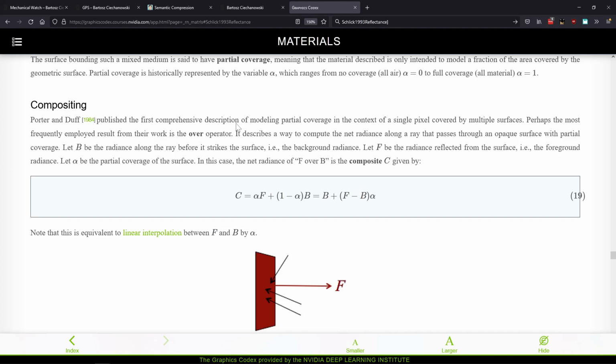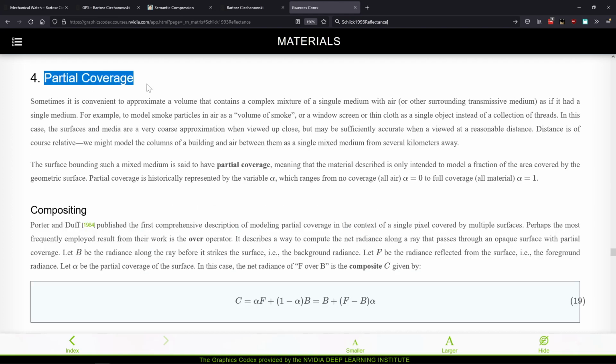I've not thought about averaging a bunch of columns and the air between them as a single medium.